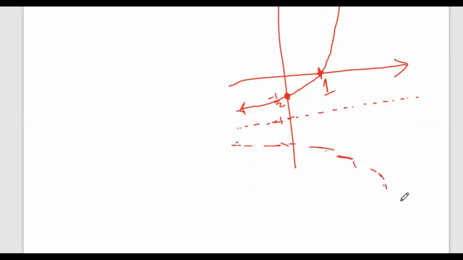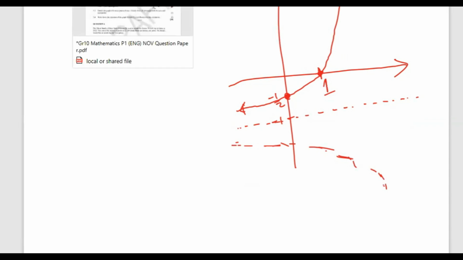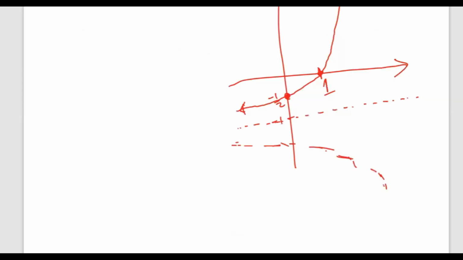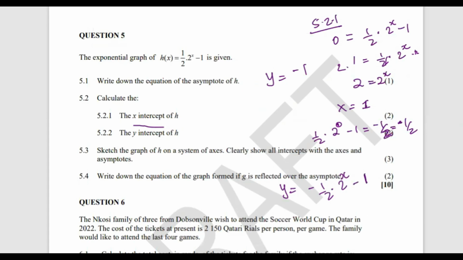So what that is going to be is we're just going to multiply the whole thing by the negative. Okay, so I'm just going to say y is equal to negative a half multiplied by 2 to the x minus 1, because we are reflecting about the asymptote, not about the x-axis. So that would be the equation.